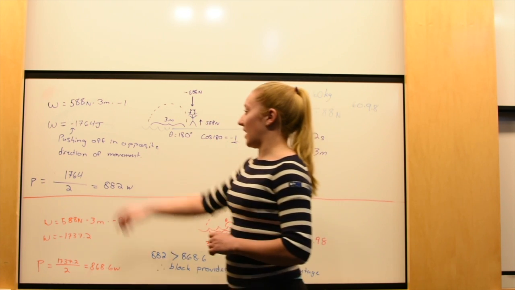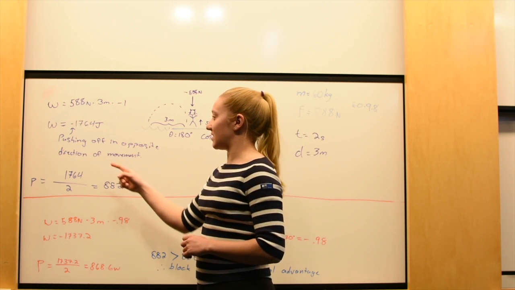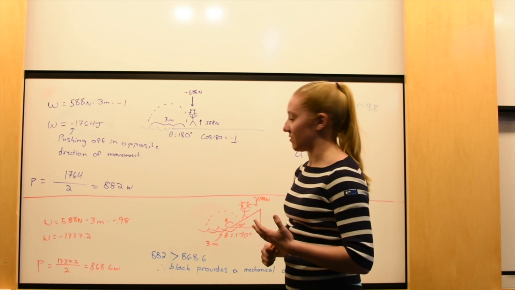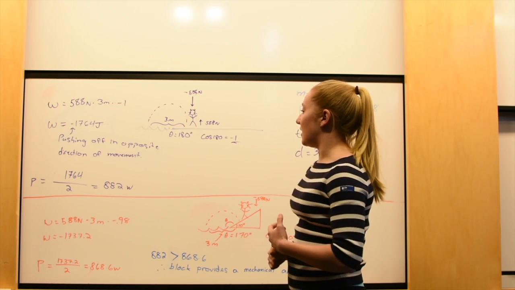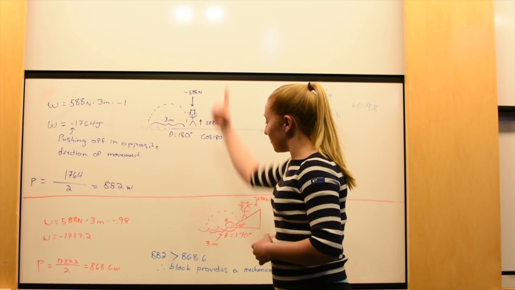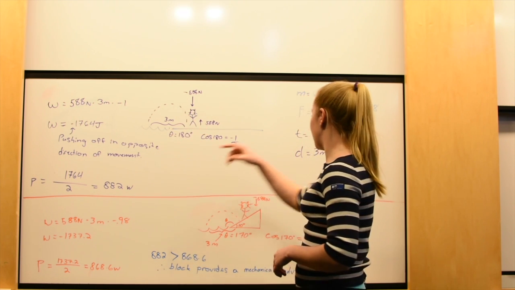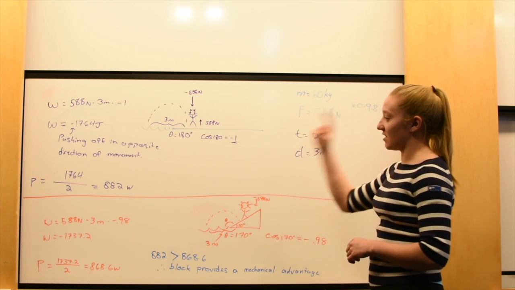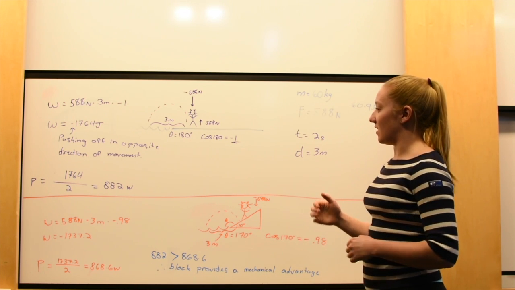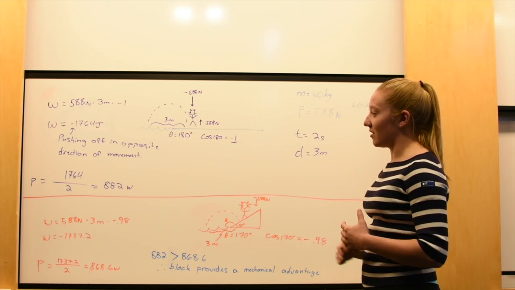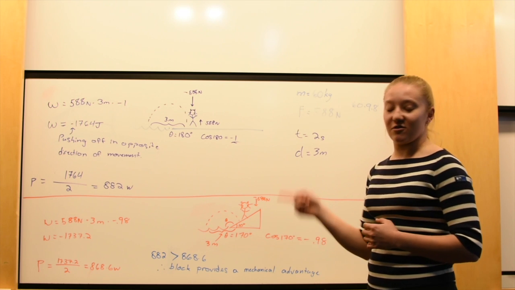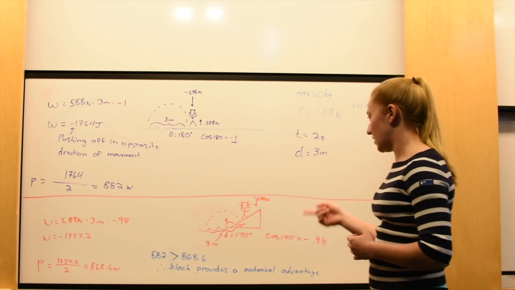So then work actually comes out to be negative, which makes sense because you're pushing off in the opposite direction of your movement. You're pushing down on the ground and you're moving up. And then power, we took work and divided it by time in seconds. So the power exerted by the swimmer jumping off a level surface is 882 watts.